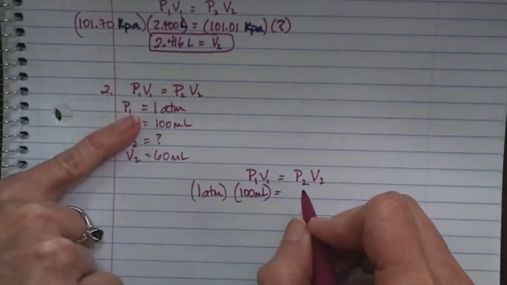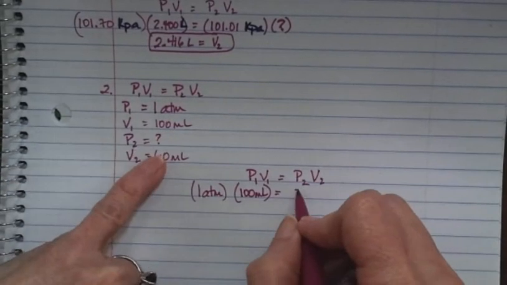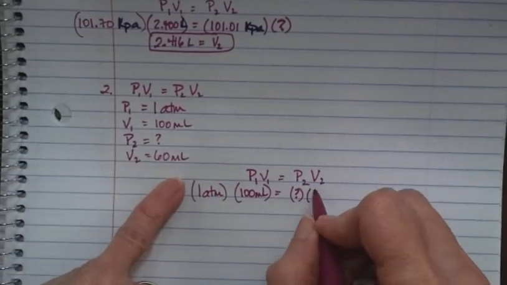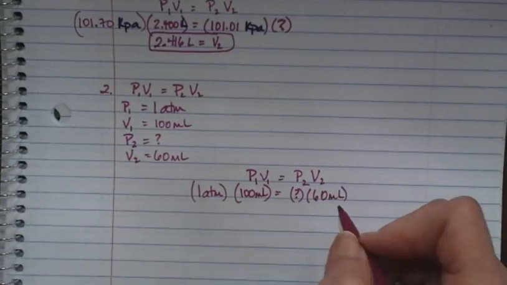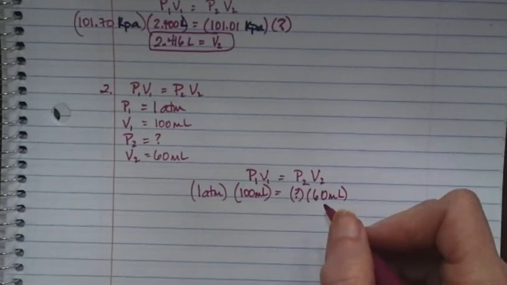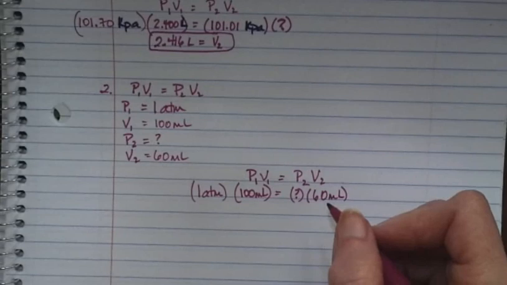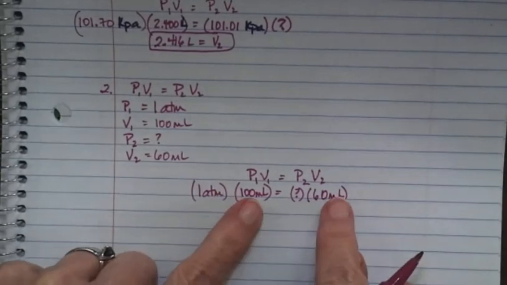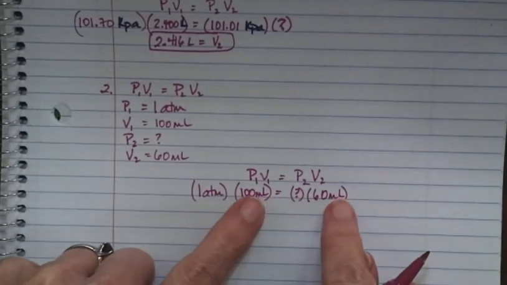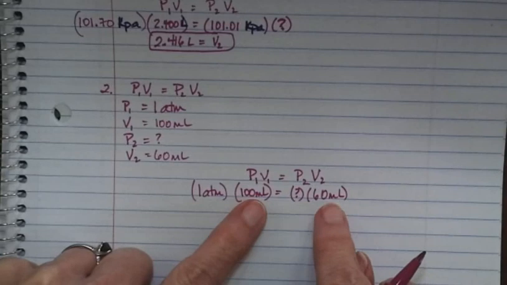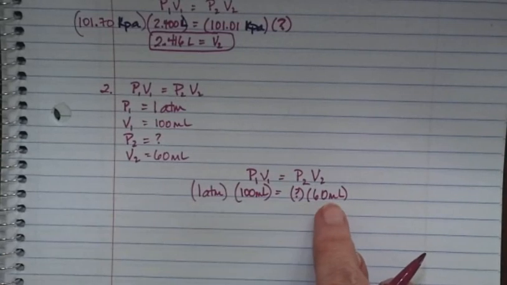My pressure 2, I don't know. And my volume 2, so I'm just filling these in. Typically I'm going to say I have to have my volume in liters, but since these are both in milliliters and they're both going to cancel out, I really don't need to take that extra step and change it. Typically it's in liters, but in this particular case we don't have to always change them. So here's my unknown.